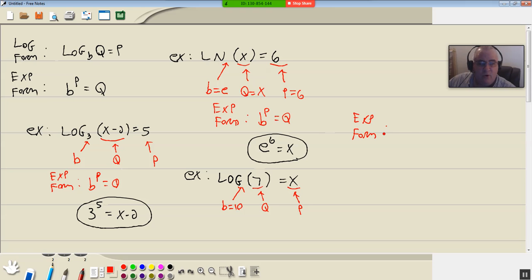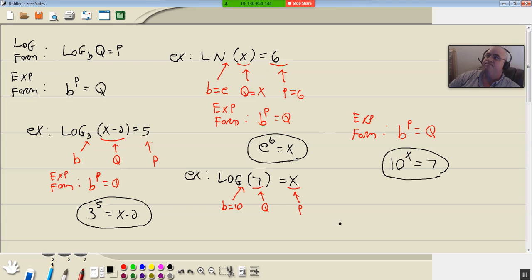So our exponential form is b to the p is equal to q. So we plug in what we identified. We said b was 10, p is x, and q is 7. And that'd be our answer.